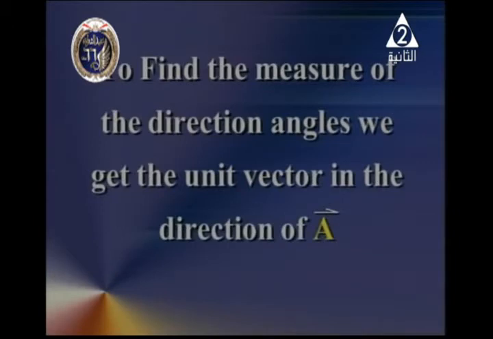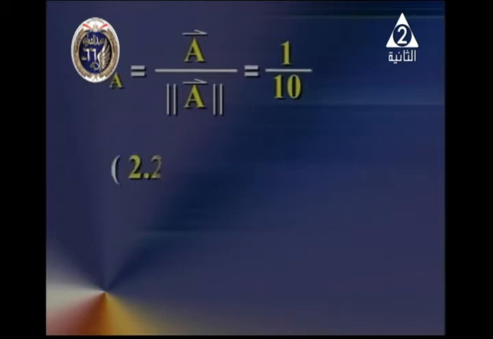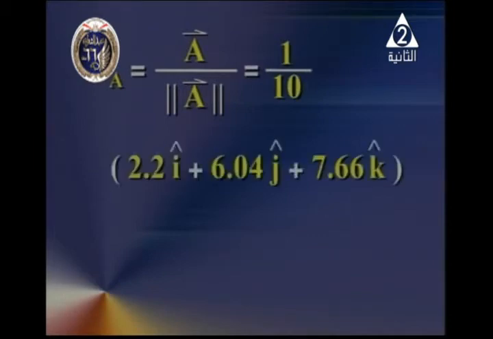After that, to find the measure of direction angles, we get the unit vector in the direction of the vector A. We know that unit vector in direction A equals vector A over norm A equals 1 over 10. Why? Because the norm of the vector is 10 from the given in the example.